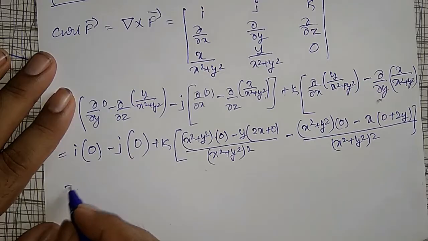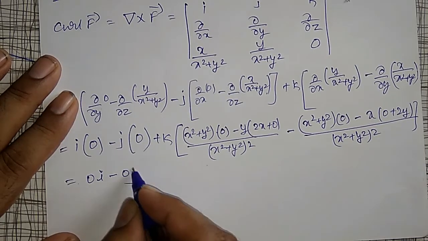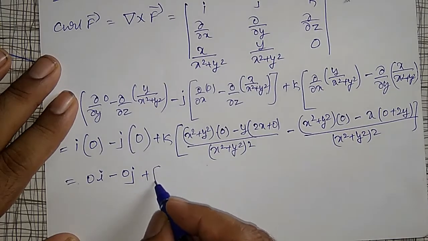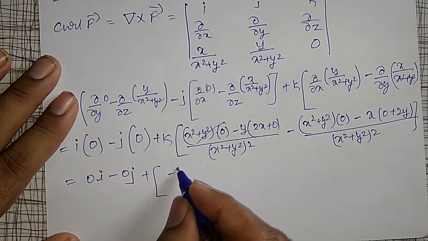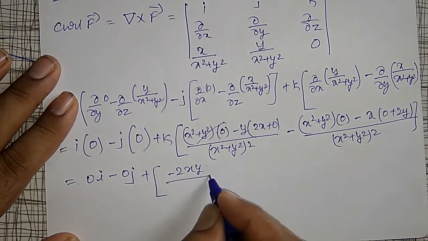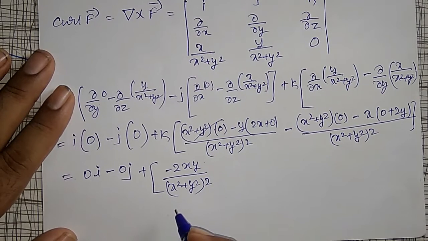Simplifying this, that is 0i minus 0j plus, this is 0, this is minus 2xy divided by (x² + y²)².